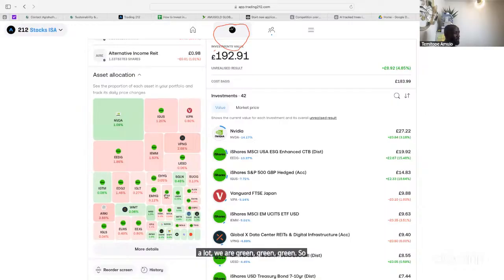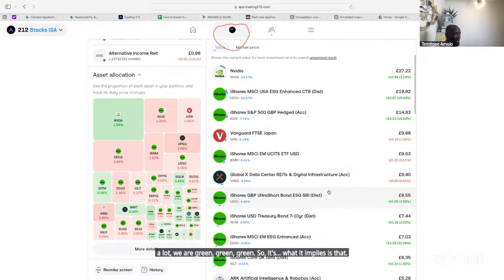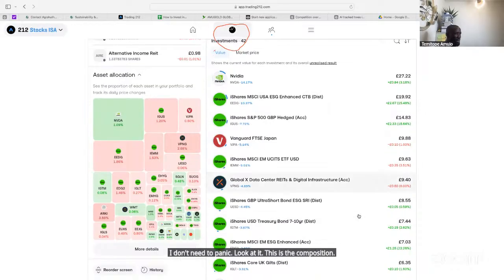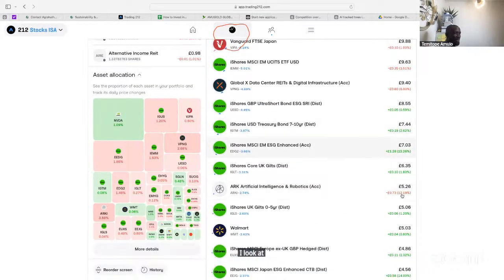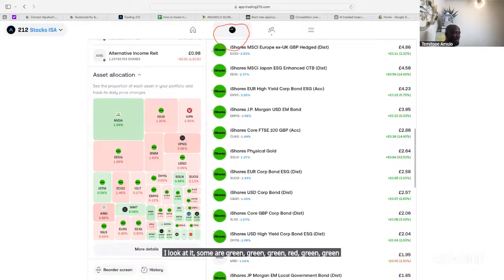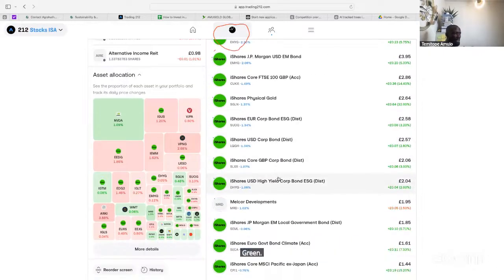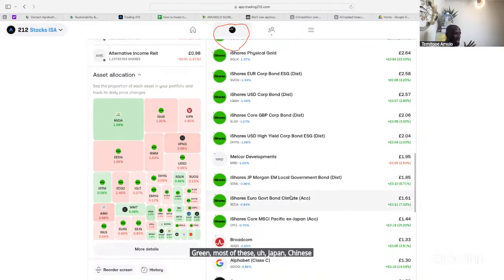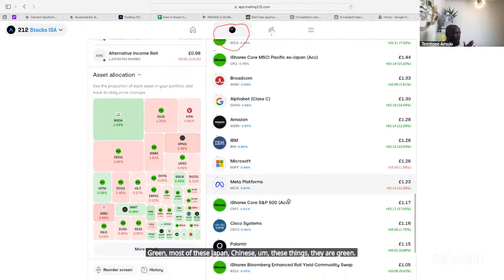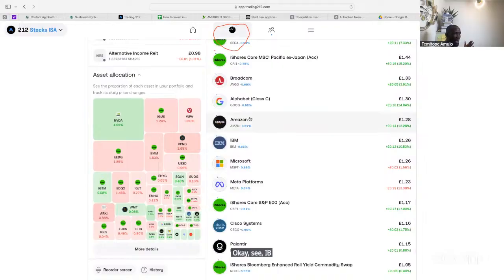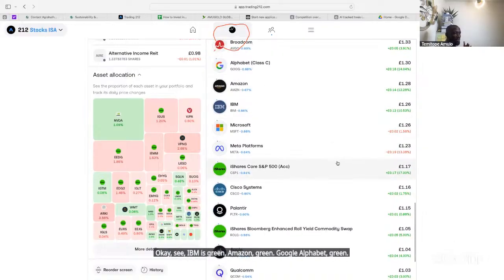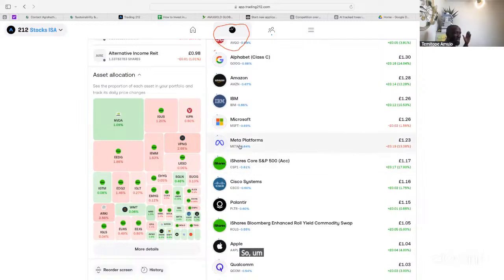So what it implies is that I don't need to panic. Look at this composition: some are green, some red, green, green, red, green. Most of these Japan, Chinese ones are green. You can see IBM is green, Amazon green, Google Alphabet green. So Facebook is down.